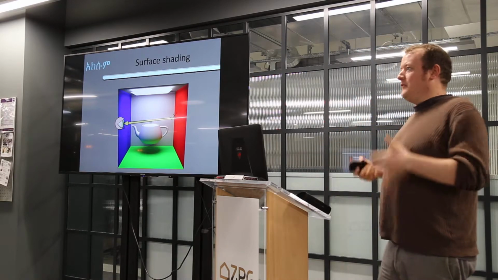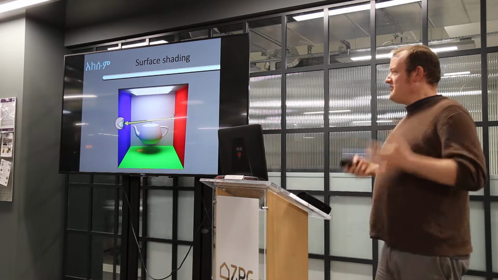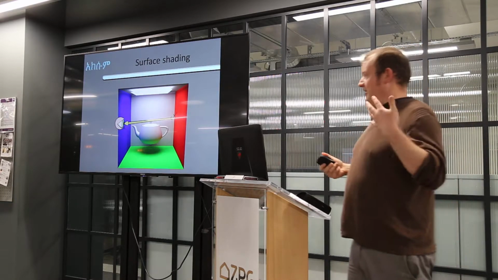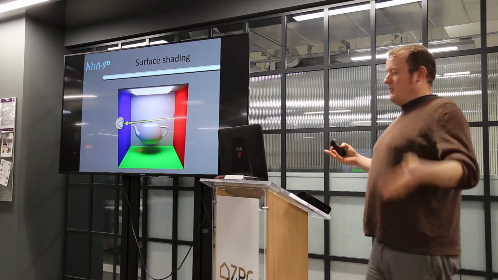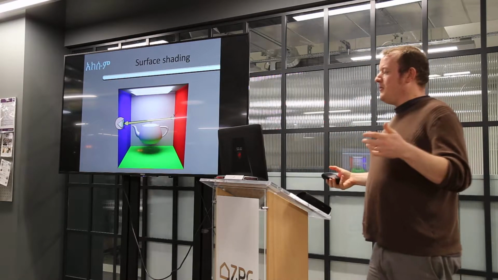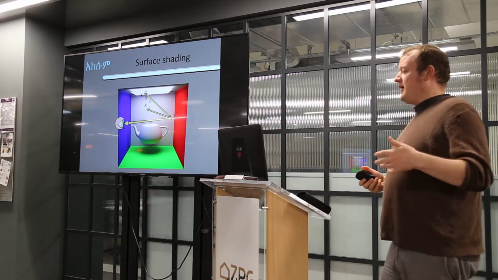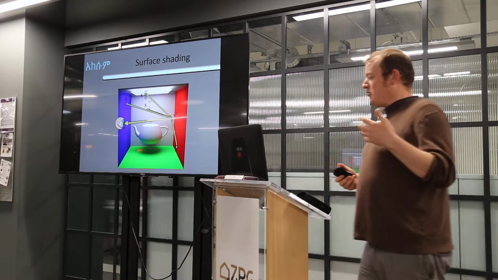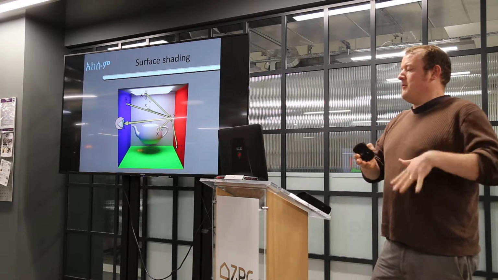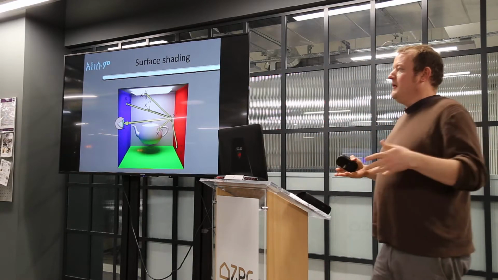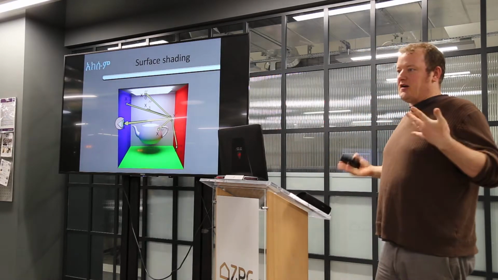To do this, we need to solve the rendering equation, which is actually a huge, recursive integral. To know how much light is arriving at my eye point x from my point x prime, I need to know how much light is arriving at all the other points x prime prime in the scene, reflecting off my point x prime and ultimately arriving at my eye at point x. This is a really complicated recursive integral.